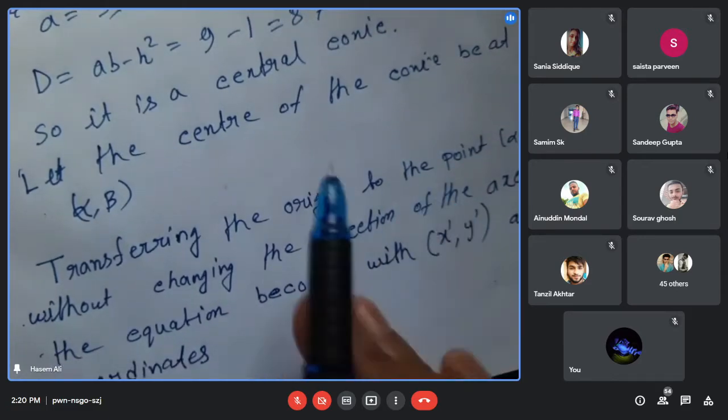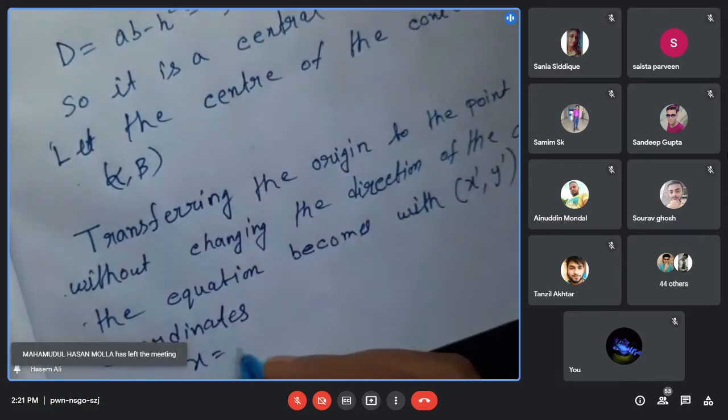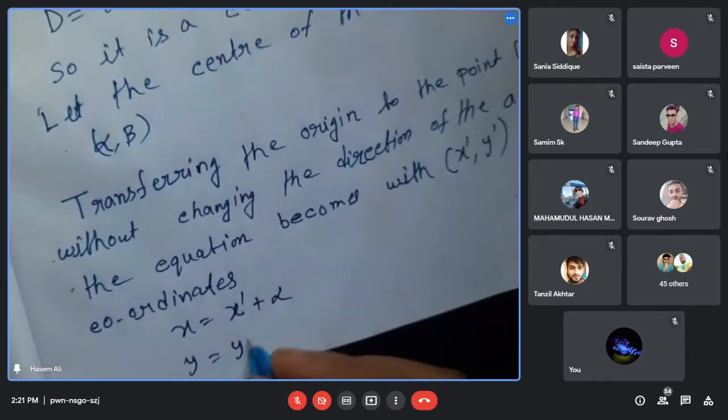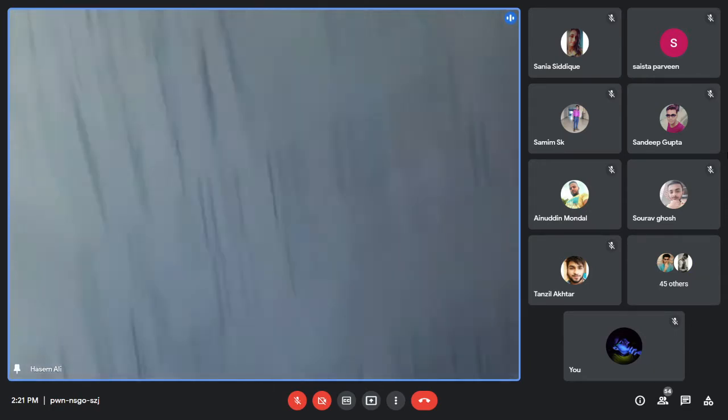If we transfer the origin to this point alpha beta, then the formula will be x equals x dash plus alpha and y equals y dash plus beta. These are the transformation formulas. Then equation 1 becomes in this form.